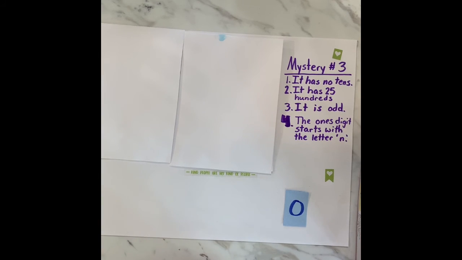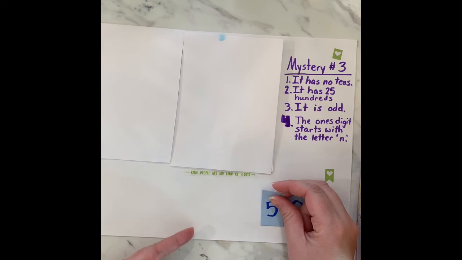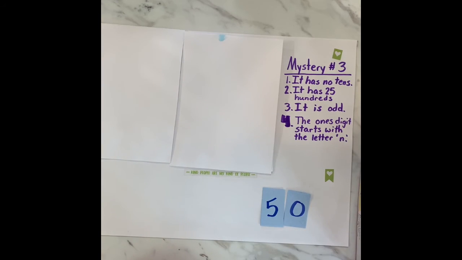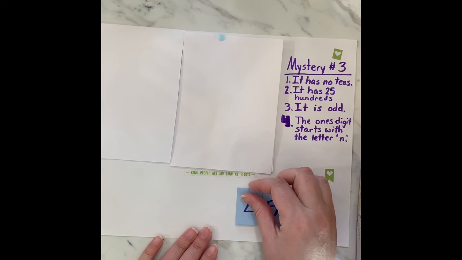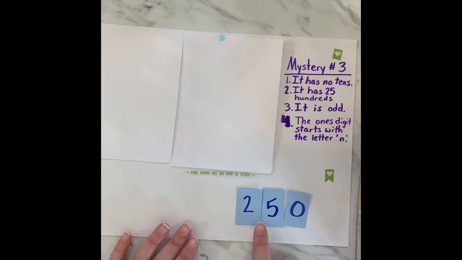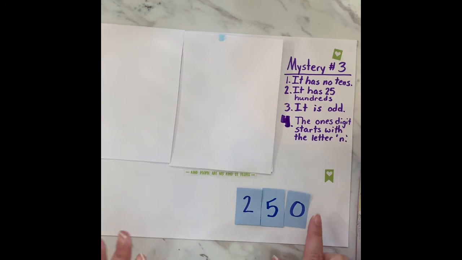Well, it's the same as saying I have 20 groups of 100 and 5 groups of 100. So I can put my 5 groups of 100 here, and then 20 groups of 100 would be 2,000. So our number is 2,500.